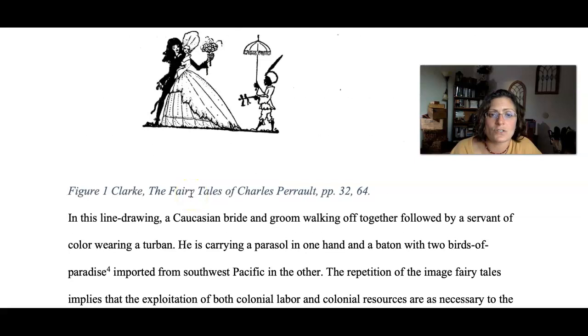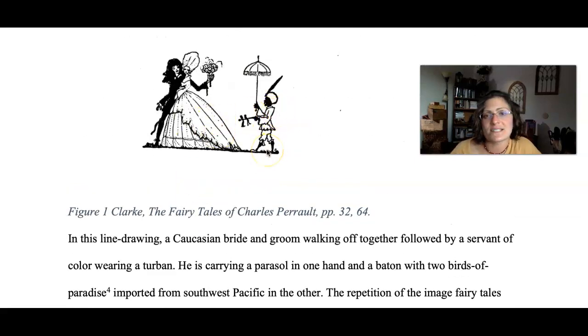And this sort of image occurs again and again, like this end piece that occurs in multiple fairy tales in this collection, where we have the couple with their pale skin walking off happily into the sunset, being followed by a servant of color, again of diminutive size, and you'll notice this servant is carrying 2 birds of paradise, which would have been imported from Asia to the UK, which was a huge, huge business, that incredibly depleted the avian population.